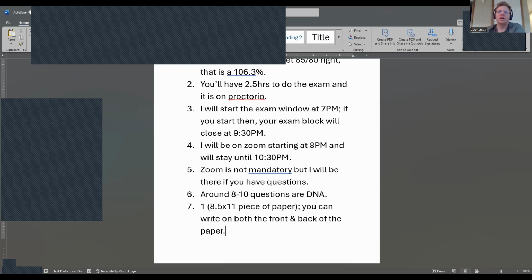So I don't want anyone to say, here's this 8.5 by 11 on my iPad, I use that. That's not a viable option. Standard notebook paper is a good way to go, but if you still have your note cards from your previous exams and you want to take pictures of those, shrink them down and put them onto this piece of paper, go for it. I have no qualms with that.